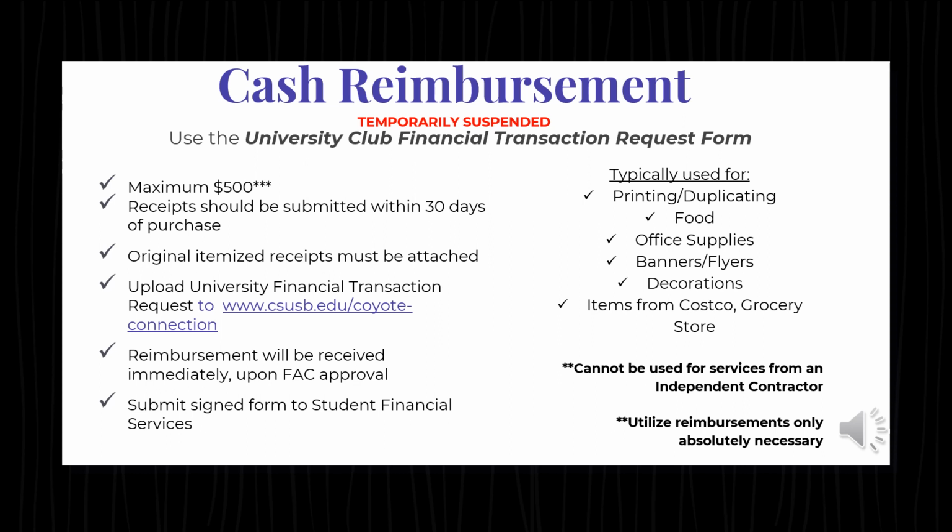Examples of cash reimbursable expenses are printing and duplicating, food, banners and flyers, decorations, t-shirts, Costco, and grocery store items. Again, please do not pay any vendors for services, and we encourage you to only pay out of pocket when absolutely necessary. Office of Student Engagement will keep you informed as to when cash processes are made available once more.